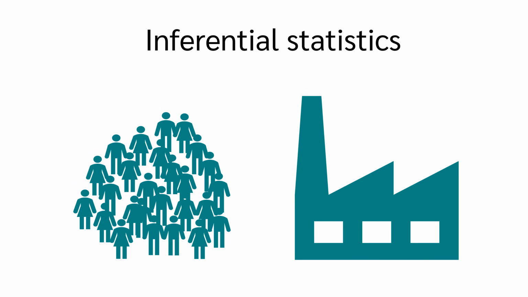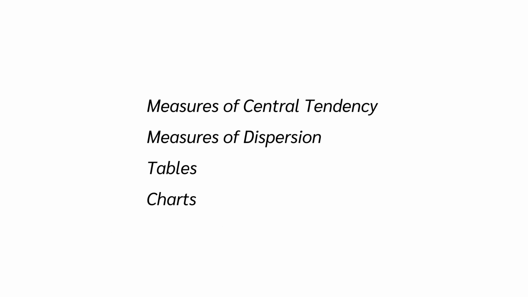This is the task of inferential statistics, which we will discuss later. To describe data descriptively, we now look at the 4 key components: measures of central tendency, measures of dispersion, frequency tables, and charts. Let's start with the first one, measures of central tendency.